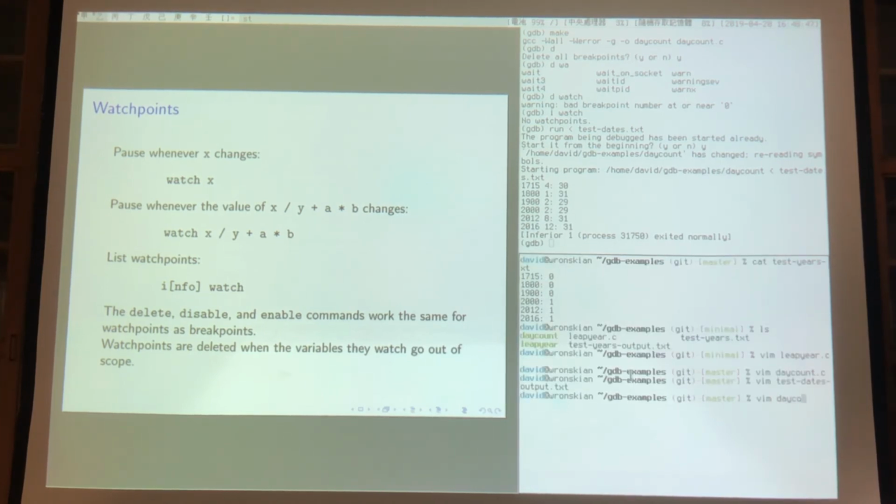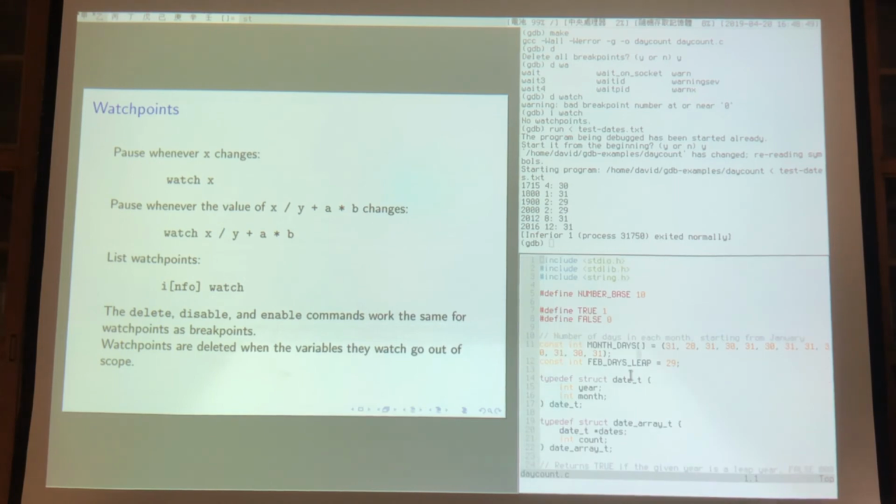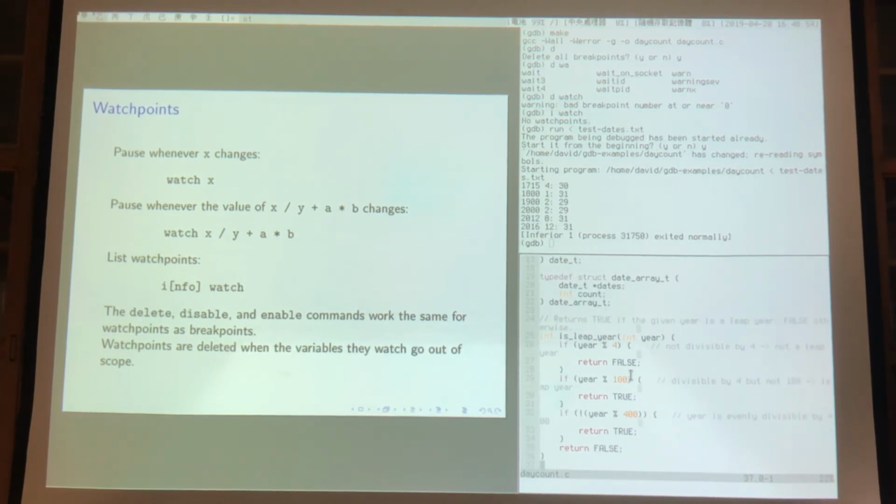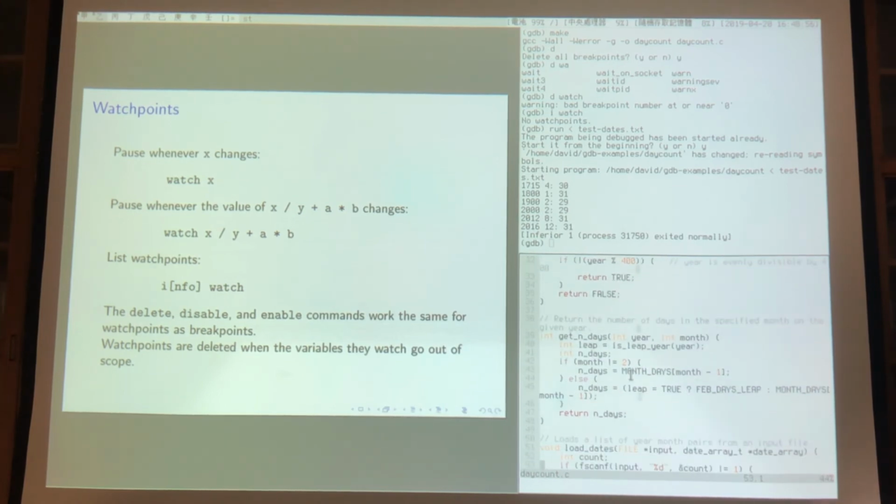So let's open up daycount.c. And let's run through the basic process that we use to determine how many days are in a given month. So the function that we're calling to get the number of days is just get n days. As we can see here, we begin by getting whether or not this year is a leap year.